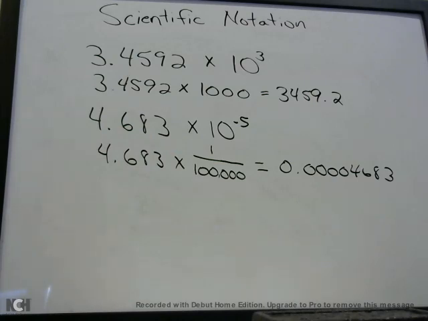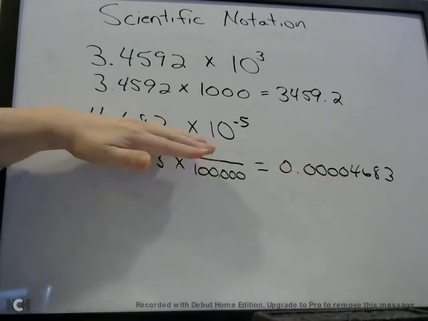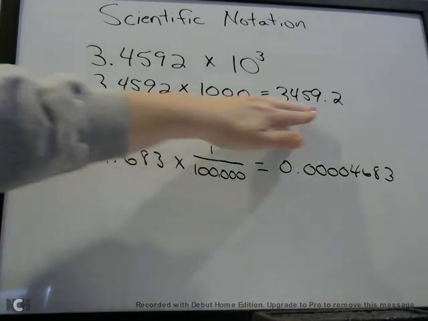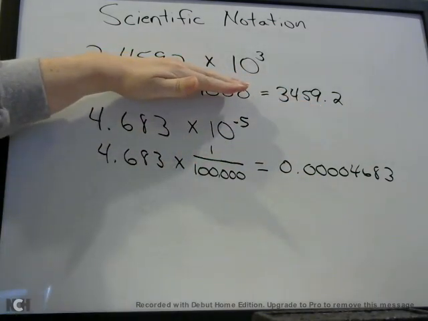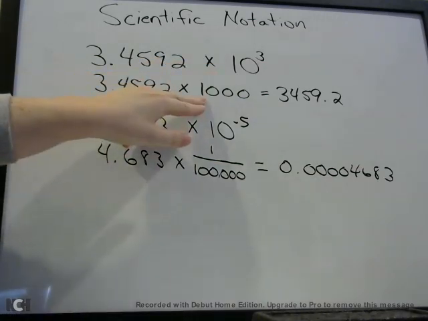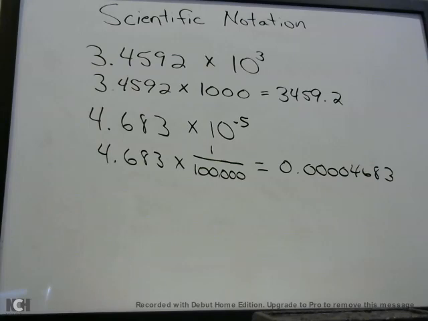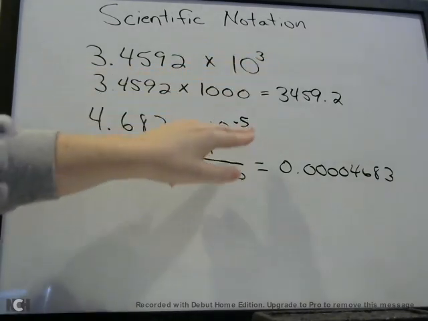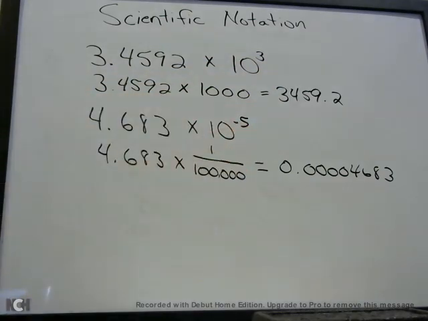But if you look at the relationship between this number and how we wrote it in scientific notation, and this number and how we wrote it in scientific notation, you're going to see that there's actually a shortcut where you don't have to actually write out and do the multiplication. You can see that the exponent here is the key to this shortcut.